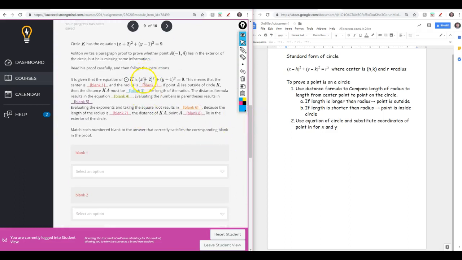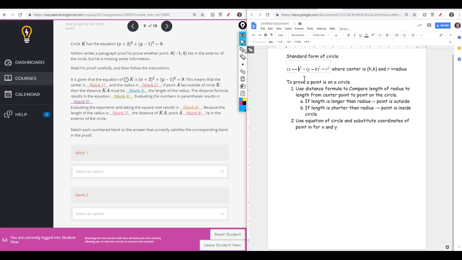So I'm noticing that this is x plus 2 and in standard form it's x minus. So I'm asking myself, how did a subtraction sign change to an addition sign? And that happens when you actually subtract a negative number. So that would actually be a negative 2. And then we have y minus 1, and that is setting up to be right there.